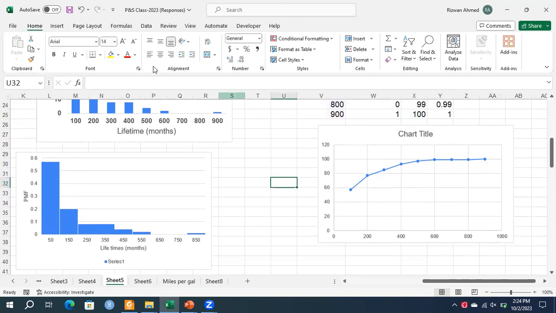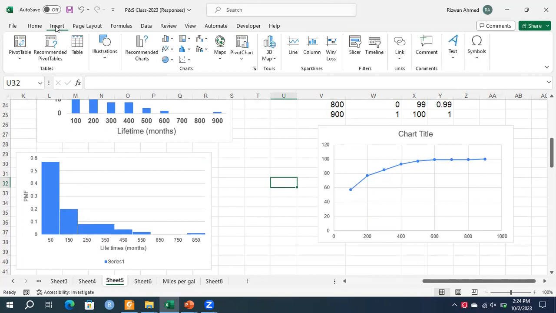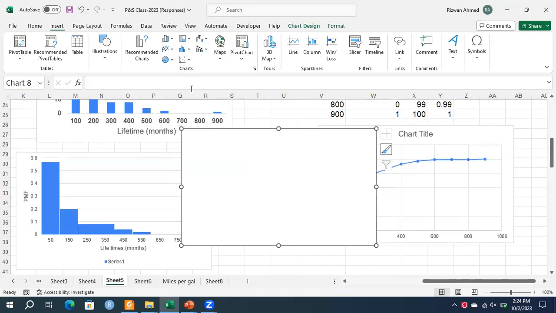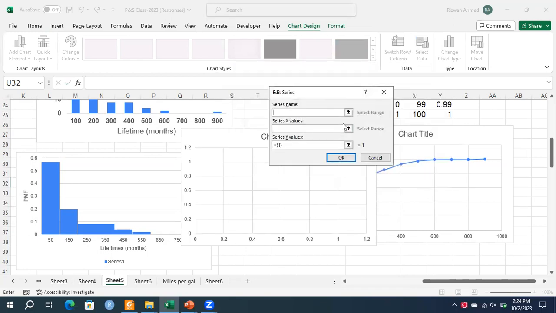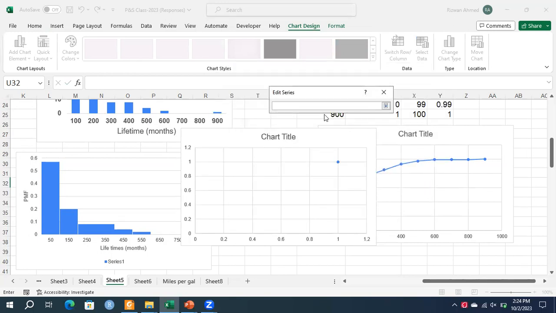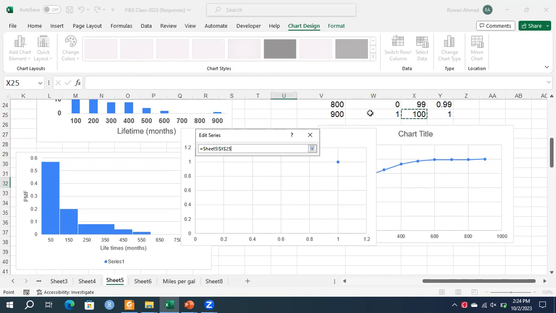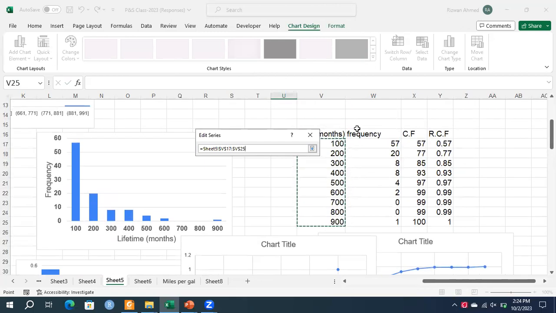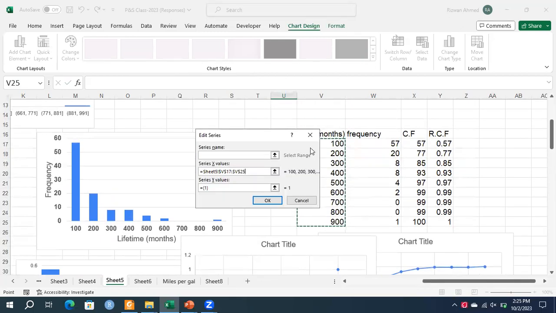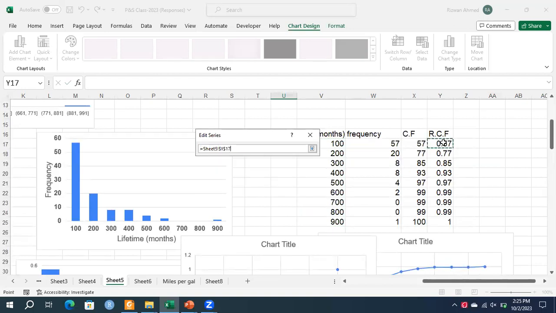The other graph is for the relative frequency distribution. X values, well, Y values from the relative frequency.